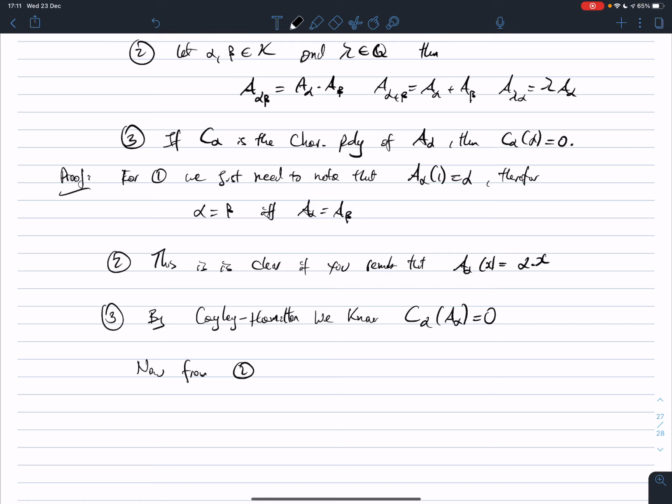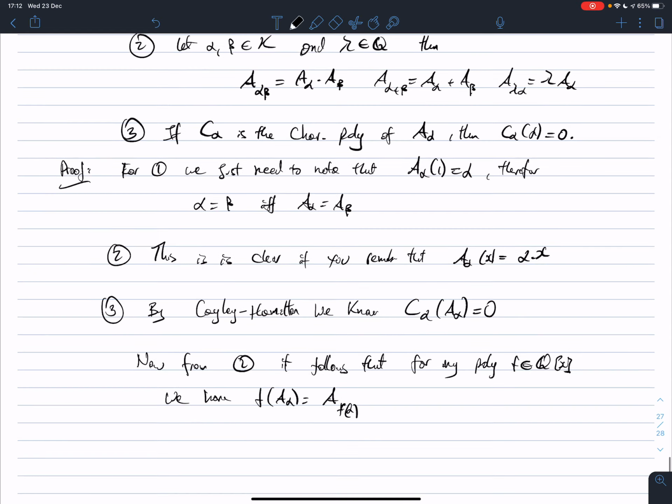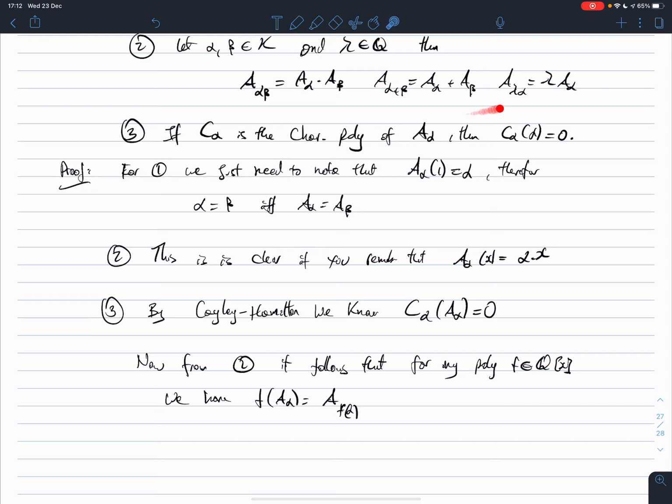So now from 2, it follows that for any polynomial f in Q[x], we have f of A of alpha equals A of f of alpha. Just look at this statement here. I can do multiplication and addition as it shows up.